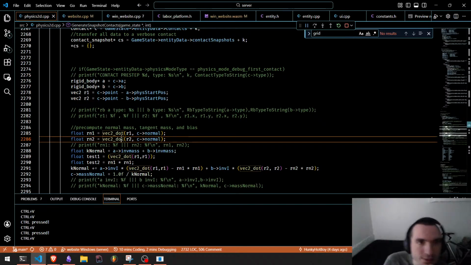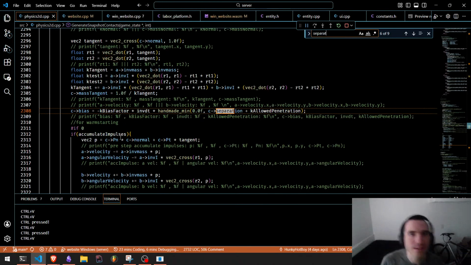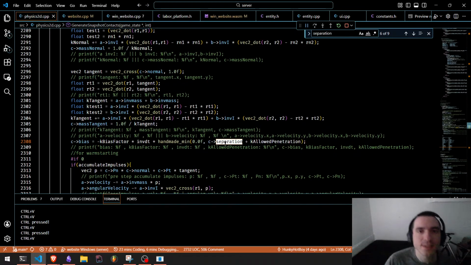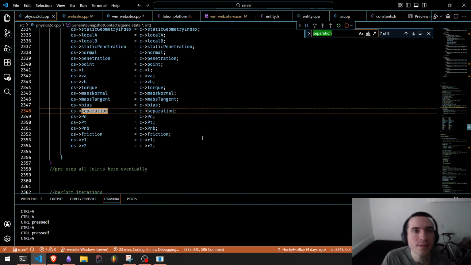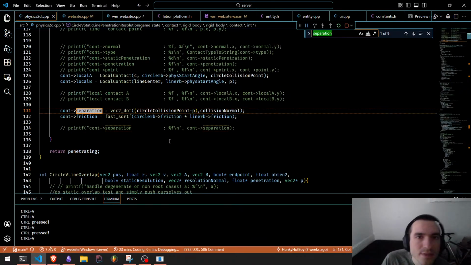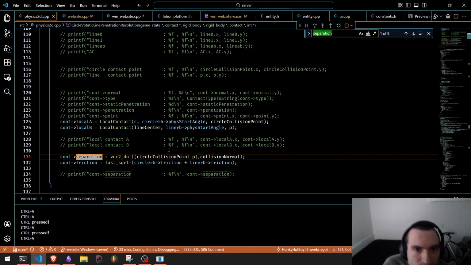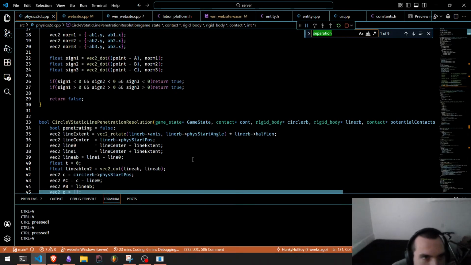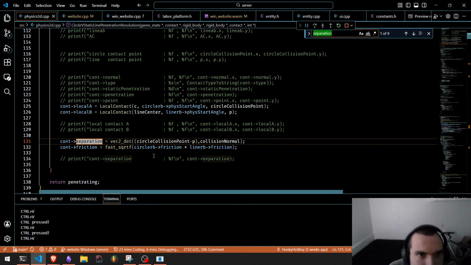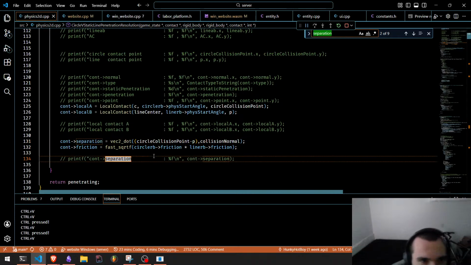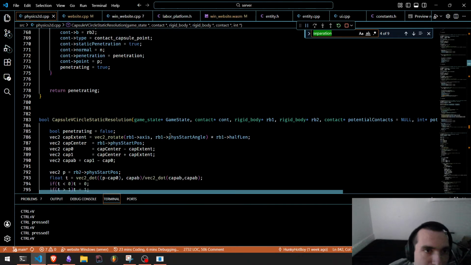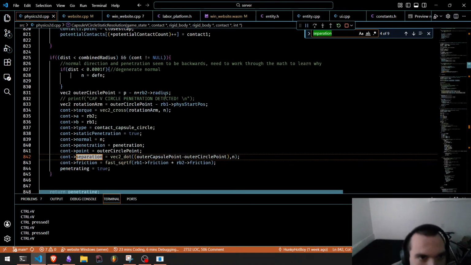Just look in the code to see what the separation is exactly. Separation. How do we determine the separation? This is in circle versus line. Capsule versus circle, static resolution.